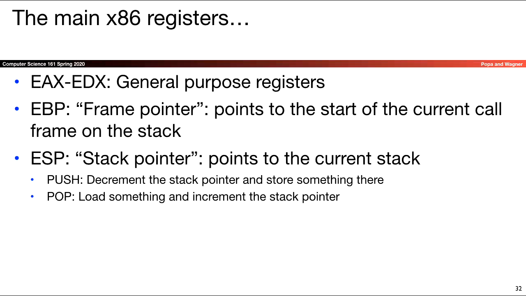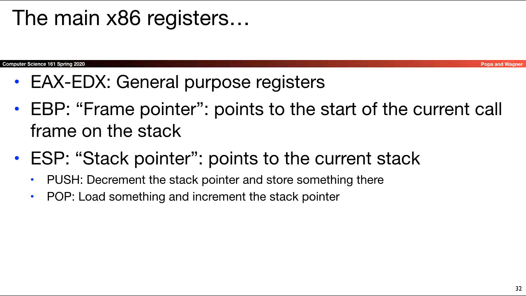Each time you call a function, a new stack frame gets pushed on the stack, and ESP remembers where you currently are in the stack. If you push something on the stack, remember the stack grows down, so pushing decrements the address stored in ESP and stores something in memory there.